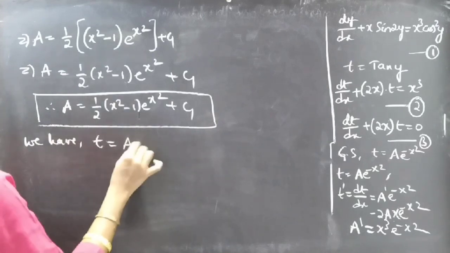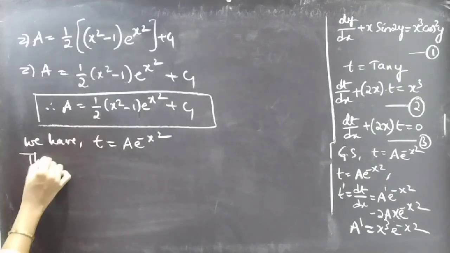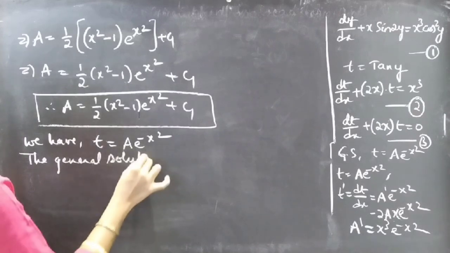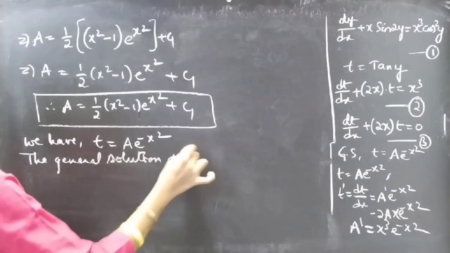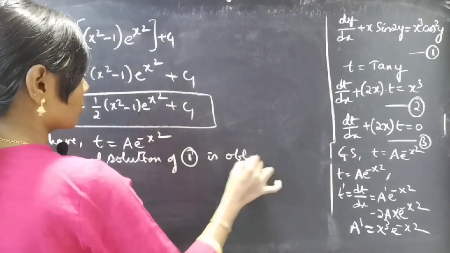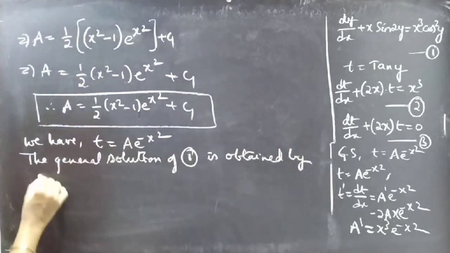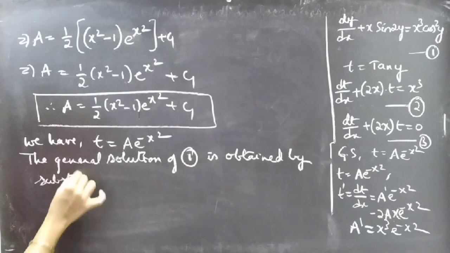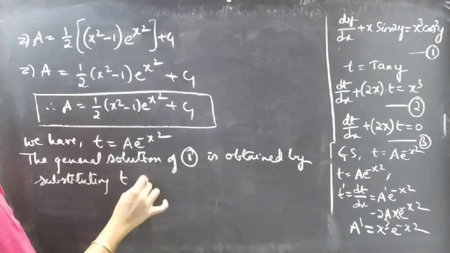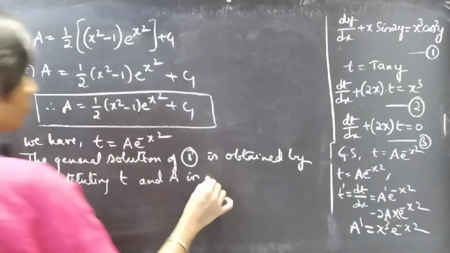The general solution of equation 1, the given equation, is obtained by substituting t and A in the above equation.